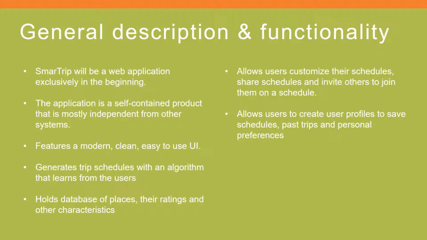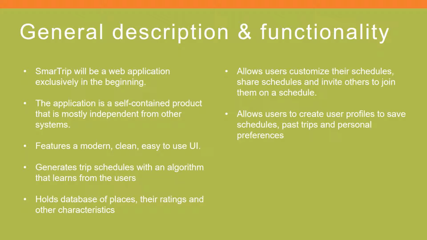The application is mostly a self contained product. It does not depend on other systems to work for the better part. It is not part of a greater system of products, and it features a modern, clean, easy to use user interface. We feel that this is a central aspect of our application, one of its most important characteristics.